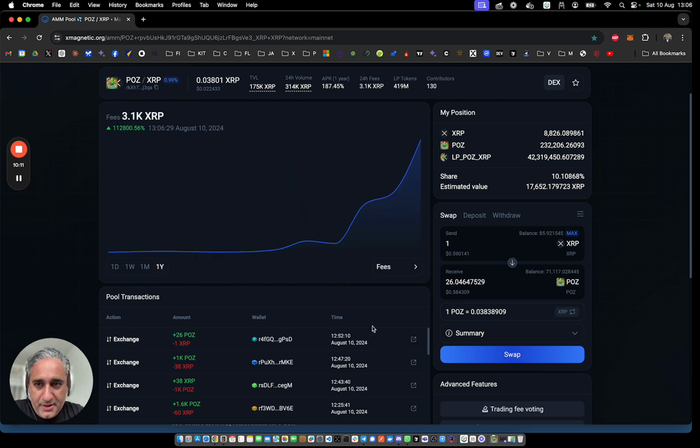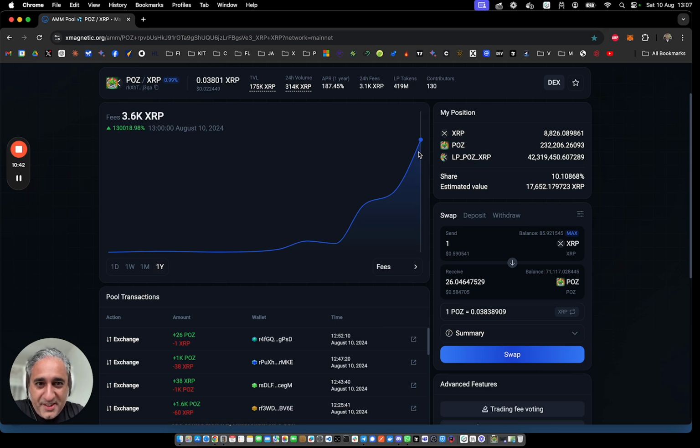Fees. Yesterday we accrued 3.1k of XRP in this particular pool. This was due to some exceptionally volatile circumstances, and you've got to remember, the point of the XRP AMM pools is to harvest volatility. As you can see, that's a huge amount in comparison to all of the other pools on the XRPL.